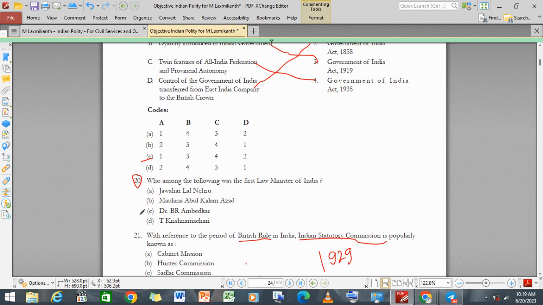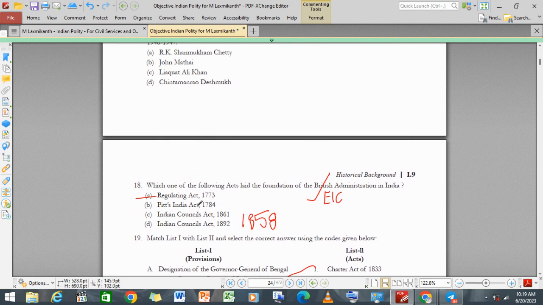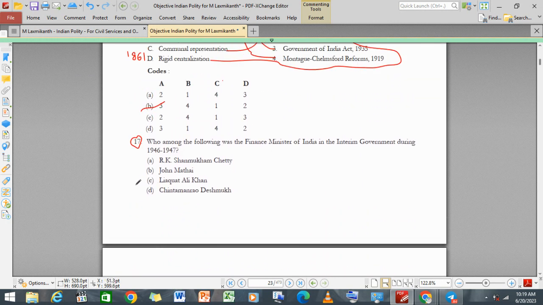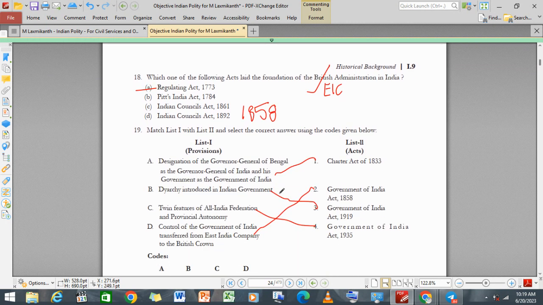Here C is Dr. B.R. Ambedkar, so I was quite correct, but I had no idea about 17. Liaquat Ali Khan was the finance minister. We have to remember this also.